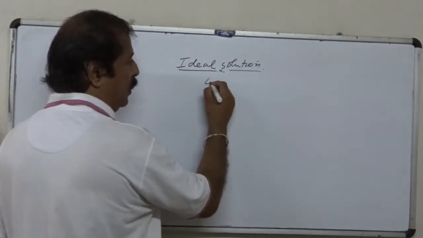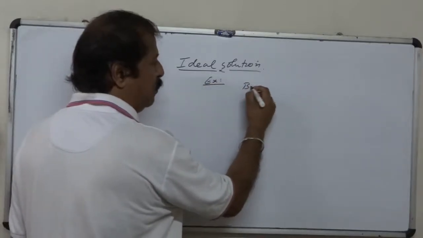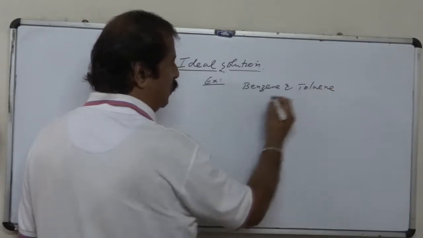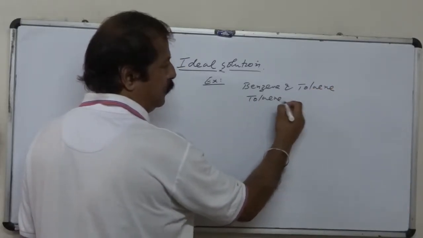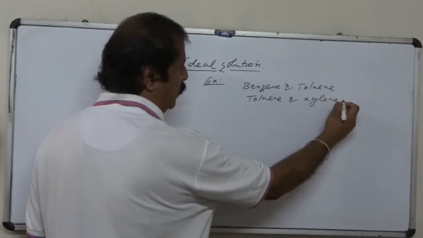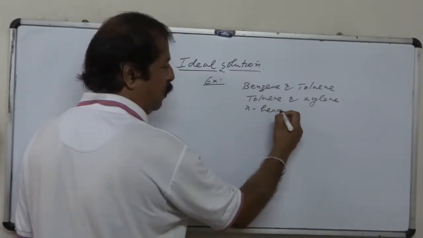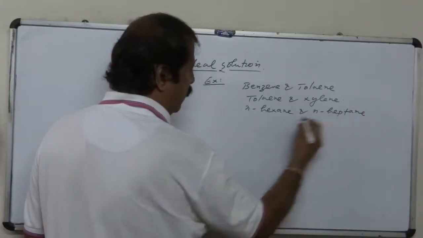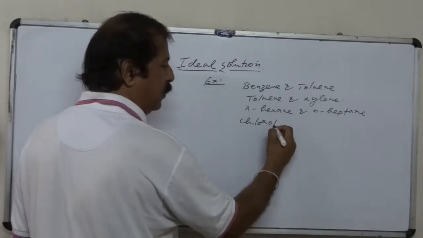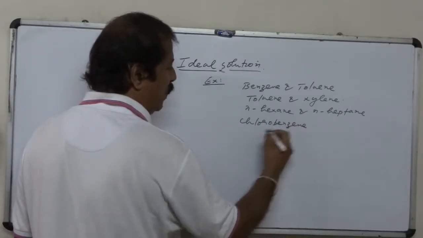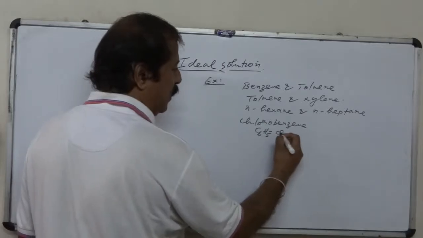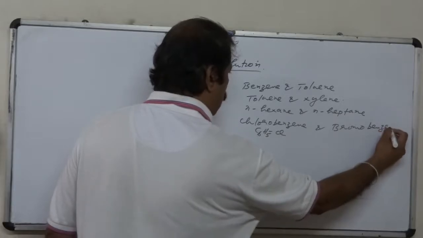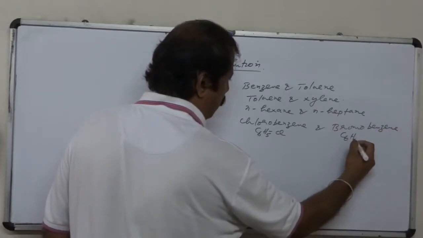We will see some examples of ideal solution. The examples of ideal solution are benzene and toluene. Second one, toluene and xylene. Then normal hexane and normal heptane. Then you have chlorobenzene, the formula is C6H5Cl, and bromobenzene, which has the formula C6H5Br.